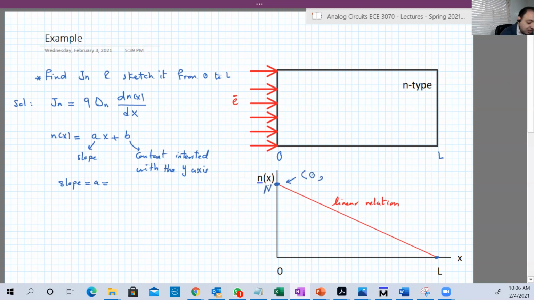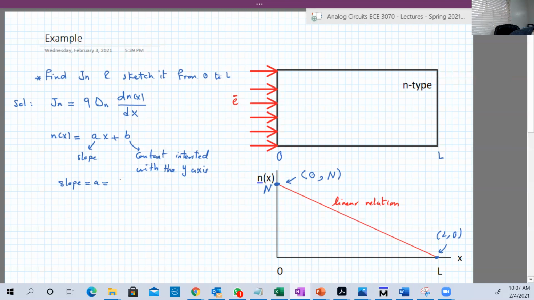So n is the density of the electrons at x equal to 0, n capital. It's a constant. And here, I'm sorry, the x-axis is L, and the density is 0. So the slope is y2 minus y1 over x2 minus x1.